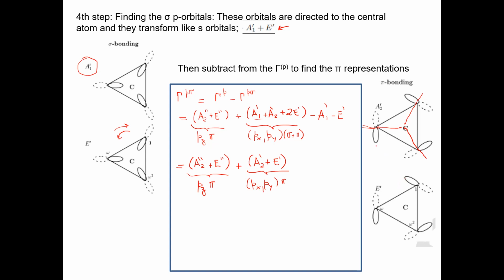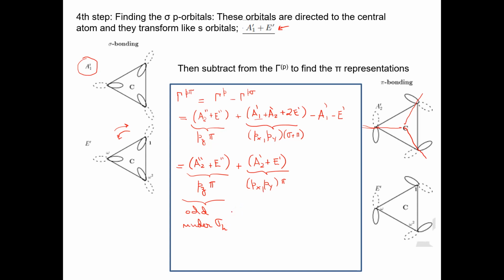Okay, another interesting thing to notice is that if you look at these representations, A double prime and E double prime, you can see that they are both odd under sigma H reflection. And this is how a Pz orbital should look, right?